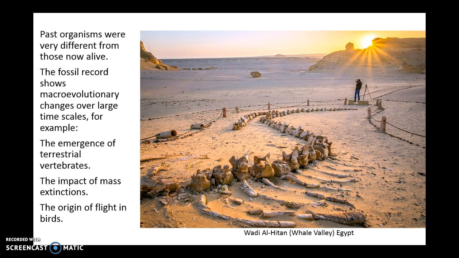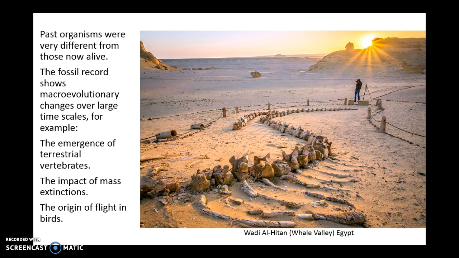With regard to one of the biggest ways that we study the past is through fossil records. And this is a pretty fabulous place to visit if you ever have a chance to. It's called Whale Valley in Egypt, and it's an area where they found an incredible amount of whale fossils.